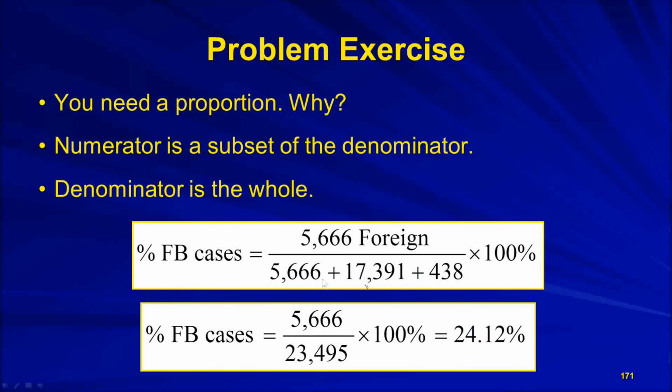And this makes up the total for the denominator. So when we get ready to do our math, we divide the 2 times 100, or 24.12% are foreign-born, okay, and have TB. Okay, does that make sense to you? All right, let's go on to the next one.